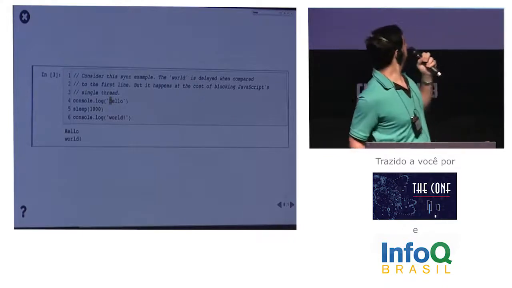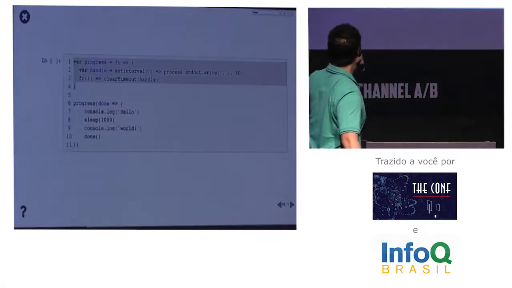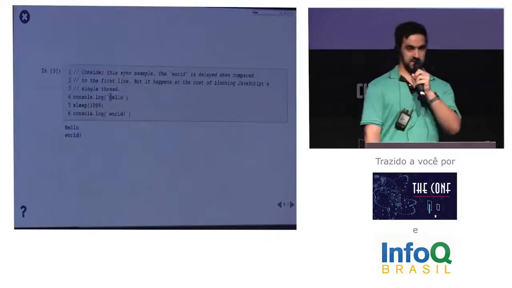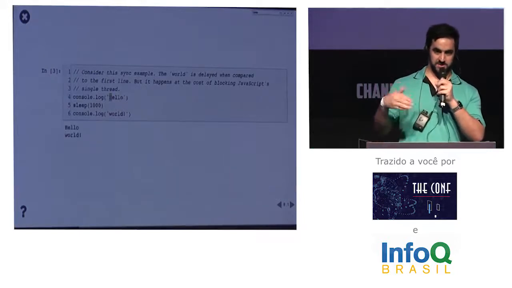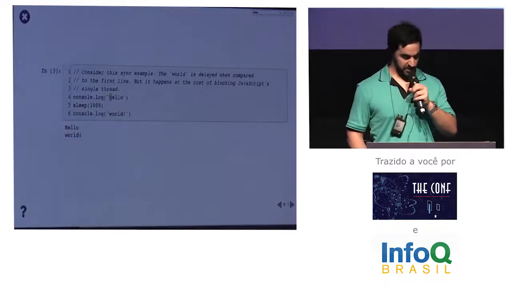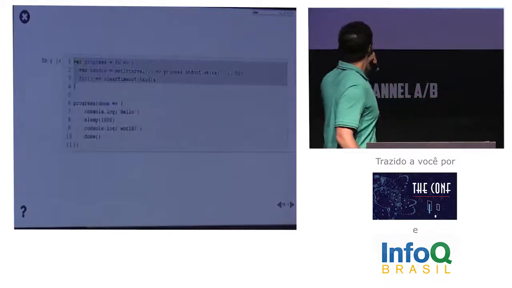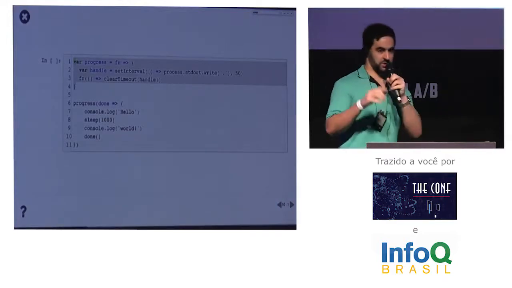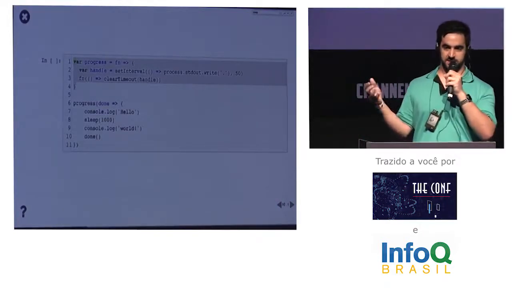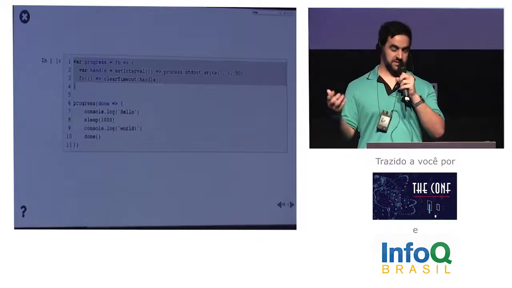But the thing here is the process is blocked, because the sleep function actually waits for a certain specific time frame to do stuff. And to show this, I've created this progress function, which simply prints dots to the screen continuously.